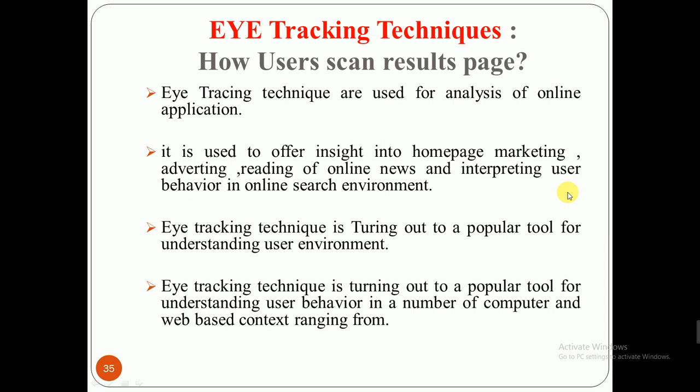That means whenever you are searching anything on the web or internet, when you click on the search query button, it will display your result and the number of searching pages. This result page, that means how a user can scan the result page.